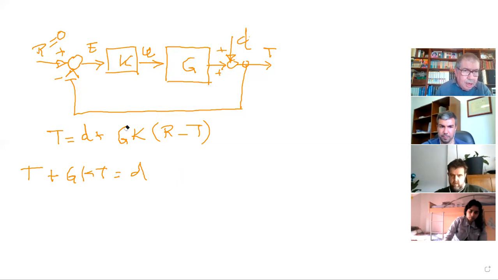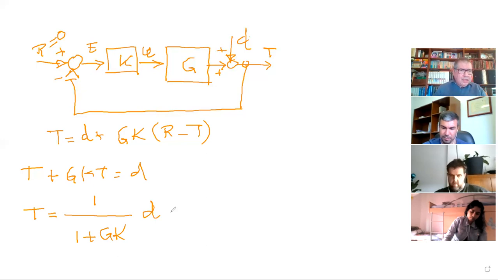Okay, so T is equal to 1 over 1 plus GK, okay, G, whatever you want, you can interchange it, times D.